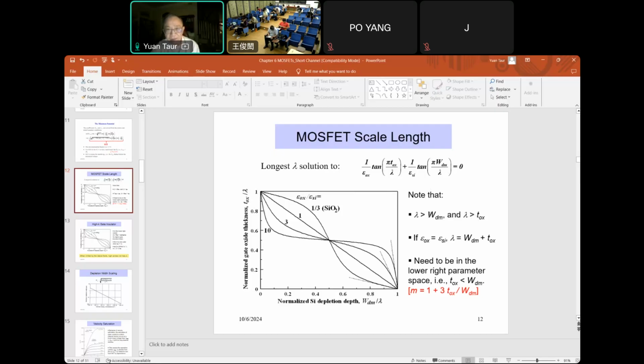In other words, the scale length lambda is larger than the larger of Tox and WDM. That's because when two tangents add up to 0, one angle is in the first quadrant and the other angle is in the second quadrant. So one tangent is positive, the other is negative.